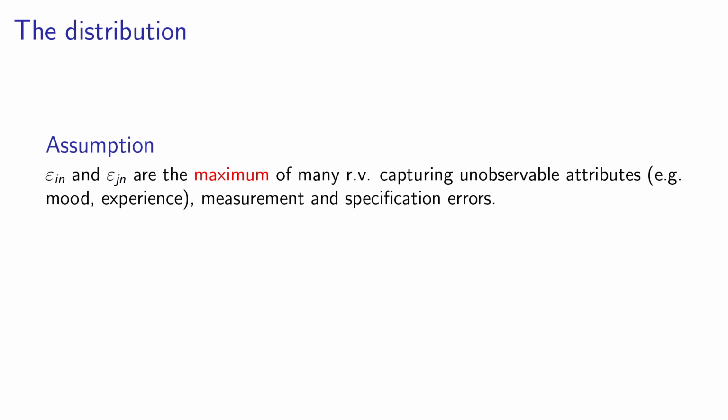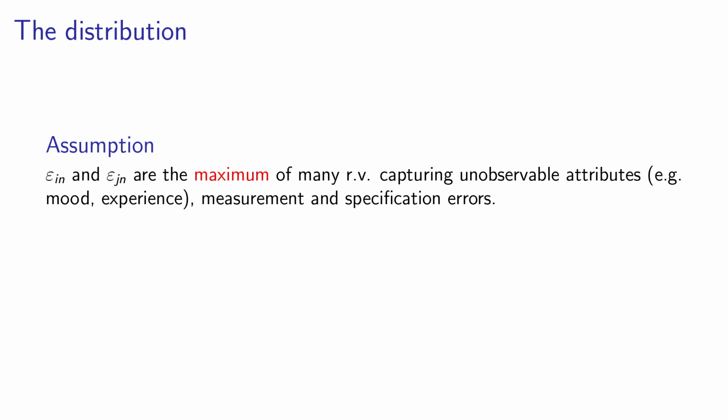Finally, what are the assumptions regarding the distribution of those error terms? The assumption made here is that epsilon in and epsilon jn are the maximum of many random variables that capture everything that cannot be observed by the analyst. So it can be things that I cannot observe, such as mood, experience, but also measurement and specification errors.